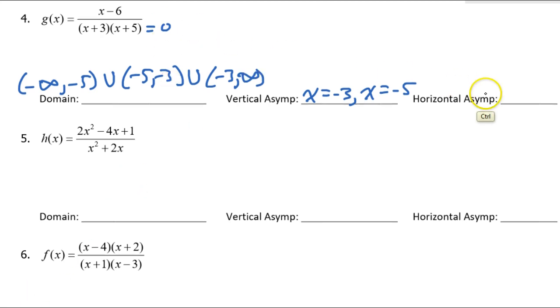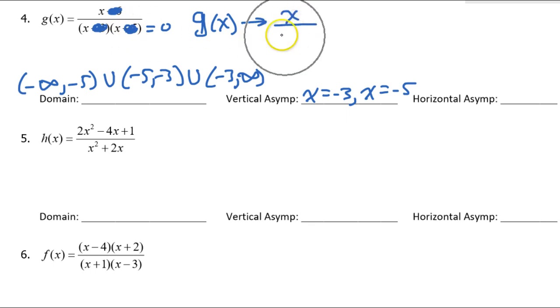Now, the horizontal asymptote is based on the end behavior. So what happens to function g as x gets bigger and bigger? Well, the -6 and the 3 and the 5 will become insignificant. So this function will approach x over x squared. This simplifies down to 1 over x.